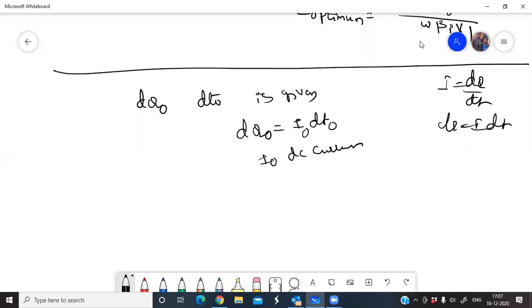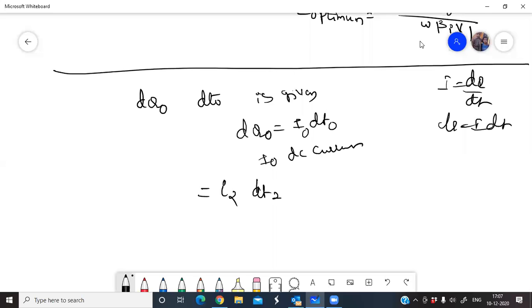Initially the time is t naught. Now I want to go for another time, maybe t2. At that time I want to assume that the current is I2. At the catcher cavity, the current is I2 and the time is dt2. By the principle of conservation of charges, the two charges are equal.